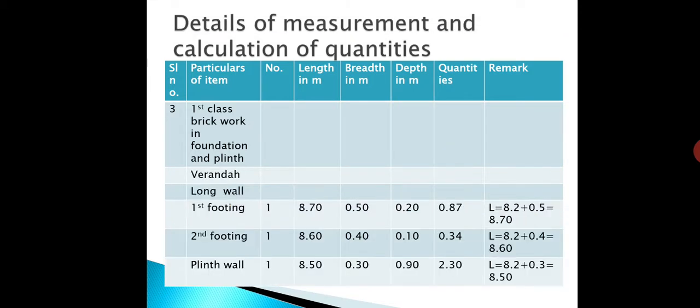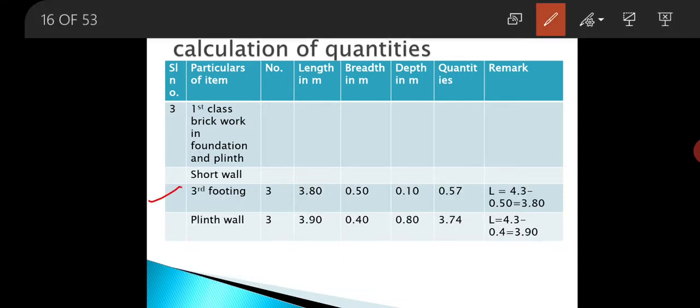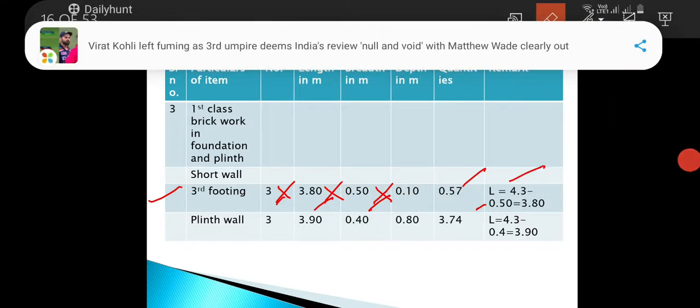Similarly for third footing, from the center to center line, subtract 0.5. That is the width of the third footing. So length becomes 3.8, width is 0.5, thickness is 0.1. Then by multiplying all these 4 columns, we will get the total quantity as 0.57.